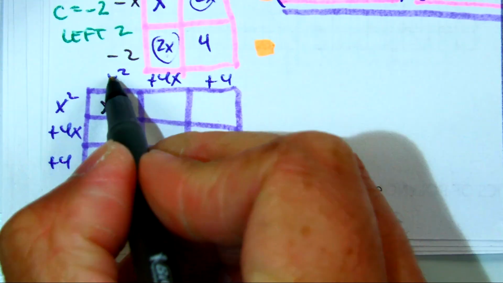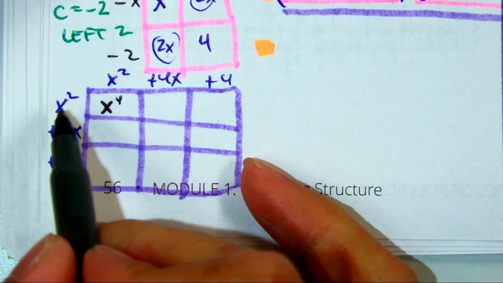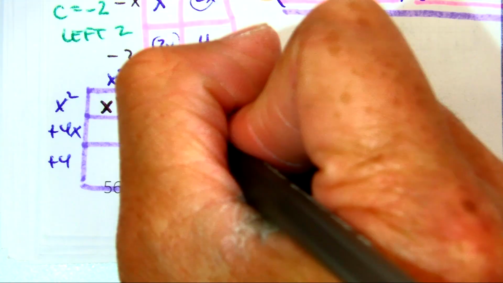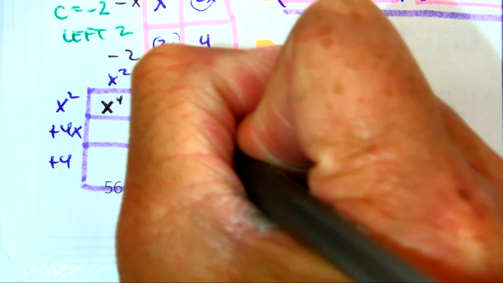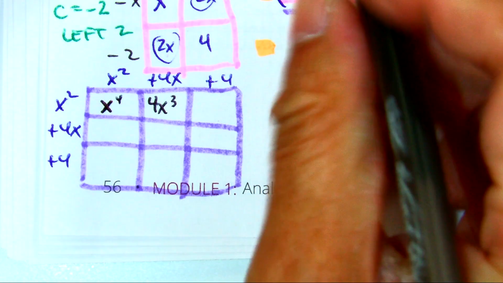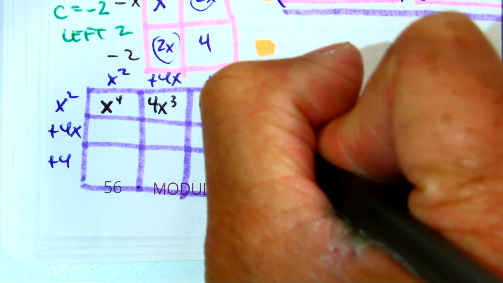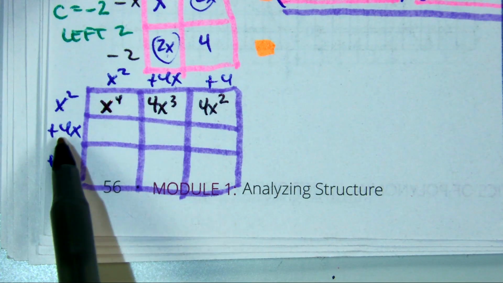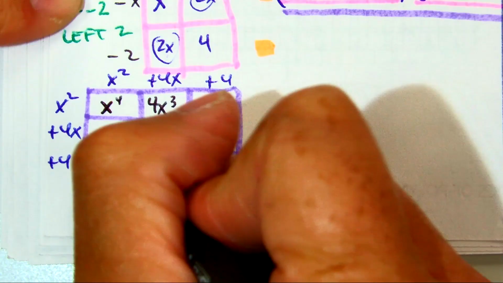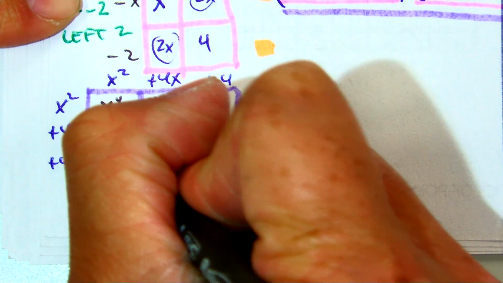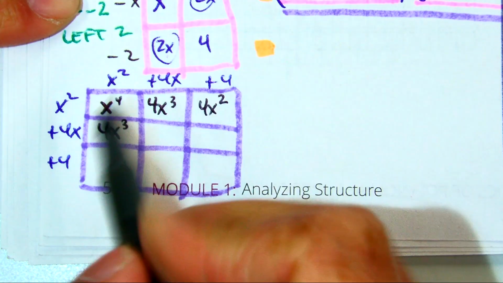Class, x squared times x squared. X to the 4th. So when same base, when you're multiplying, you add the exponents. X squared times 4x. 4x cubed. X squared times 4. X to the 4th times x squared. 4x times 4x.